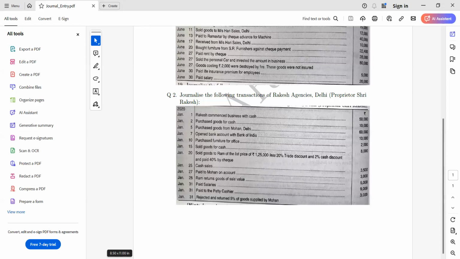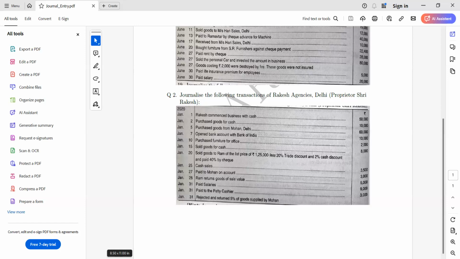Okay. Write all 5. And purchase account debit to cash, purchase goods for cash, debit 10,000, credit 10,000.